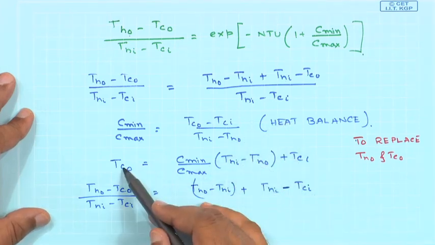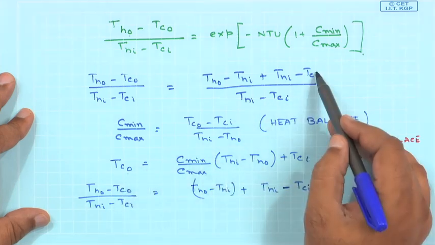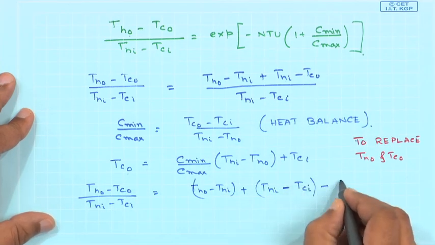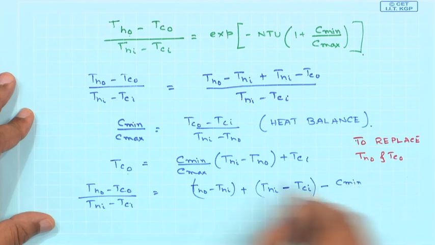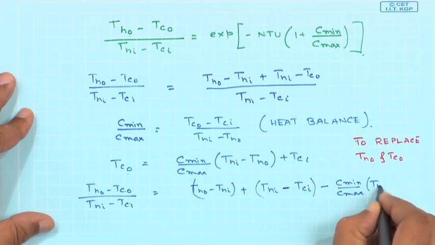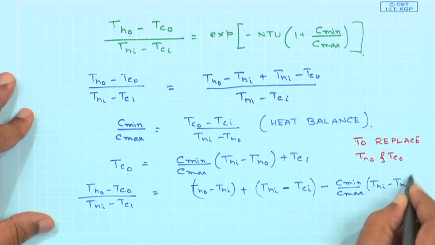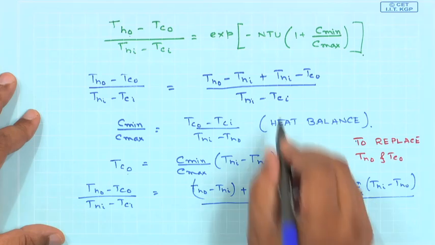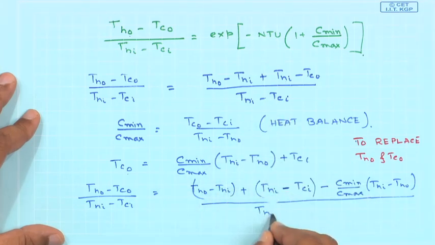When I put this expression of TCO in here, what I get is THI minus TCI minus C min by C max times the temperature difference of the hot side fluid, and the denominator remains unchanged, which is THI minus TCI.